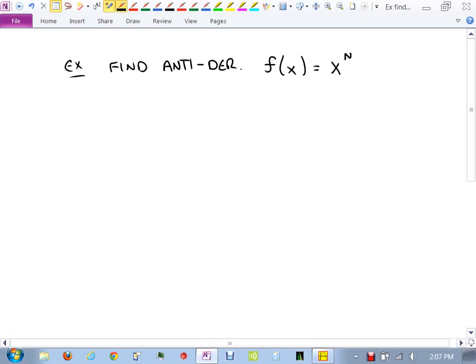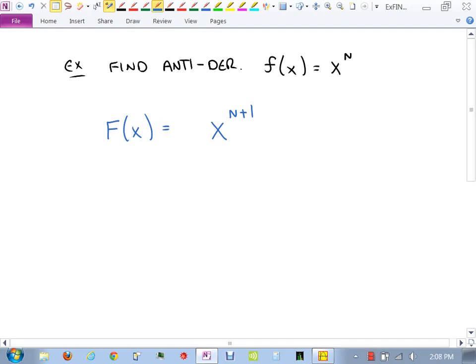So that's kind of like the x to the fifth a second ago, isn't it? What do we know about the antiderivative's power? What about the power? It's 1 more than that, right? So it's n plus 1. That way when I take the derivative, that power comes down by 1 and becomes an n, right?